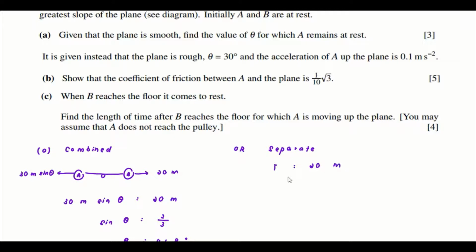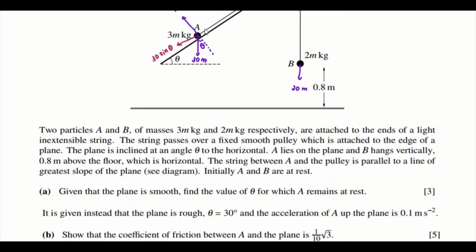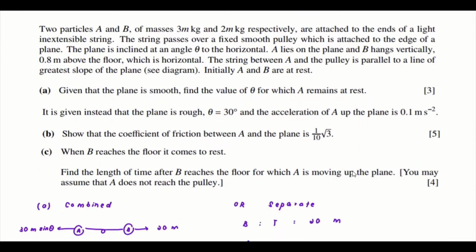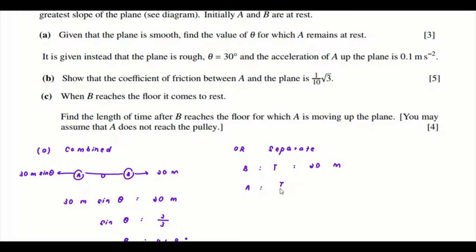This is for particle B. For particle A, what we have here is also the tension going up. So the tension will be equal to, oops, I left out the m, 30m sine theta. You see, they are on the same string, so their tension is the same.